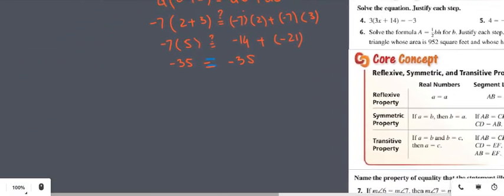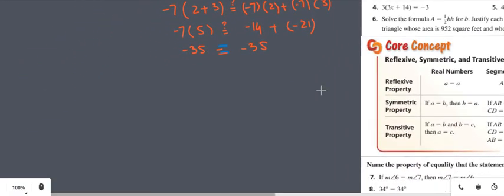to solve a question which is 3 times (3x plus 14) is equal to -3. Now I can't go further if I haven't learned the distributive property.